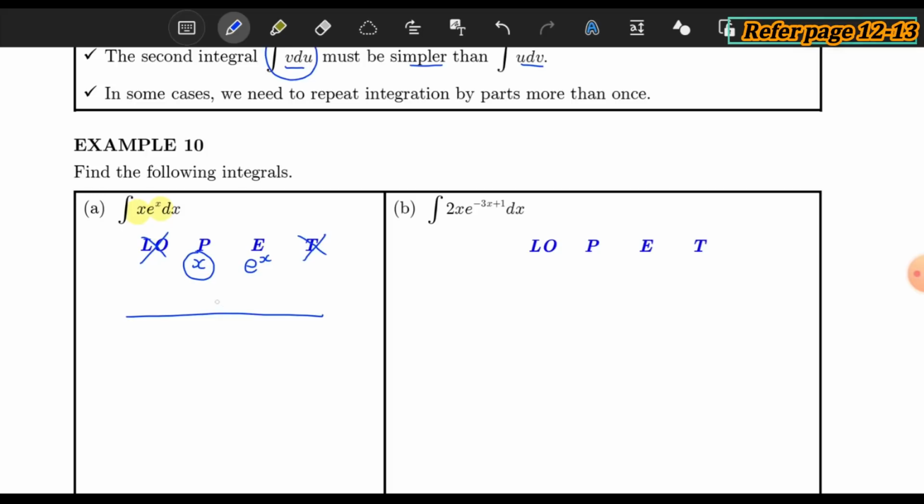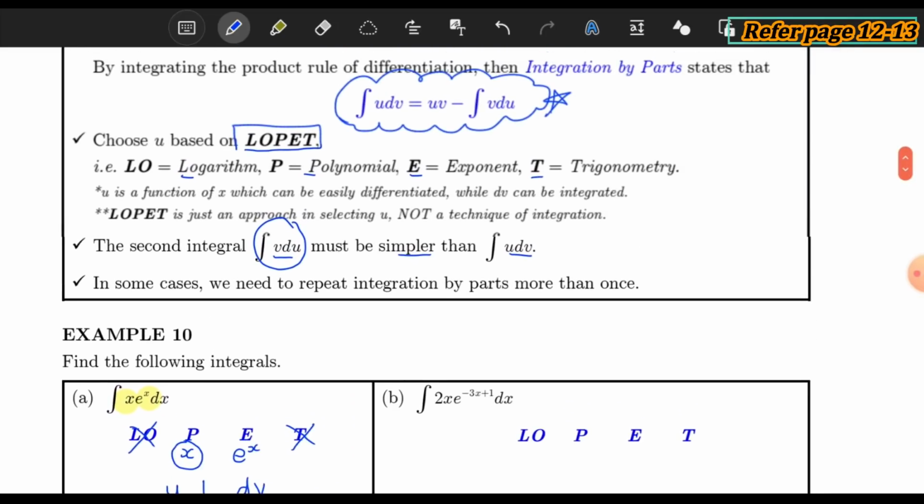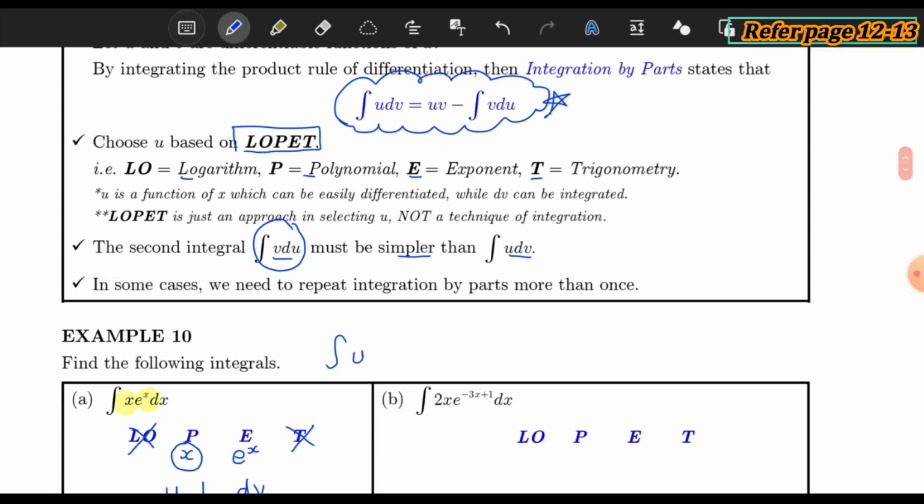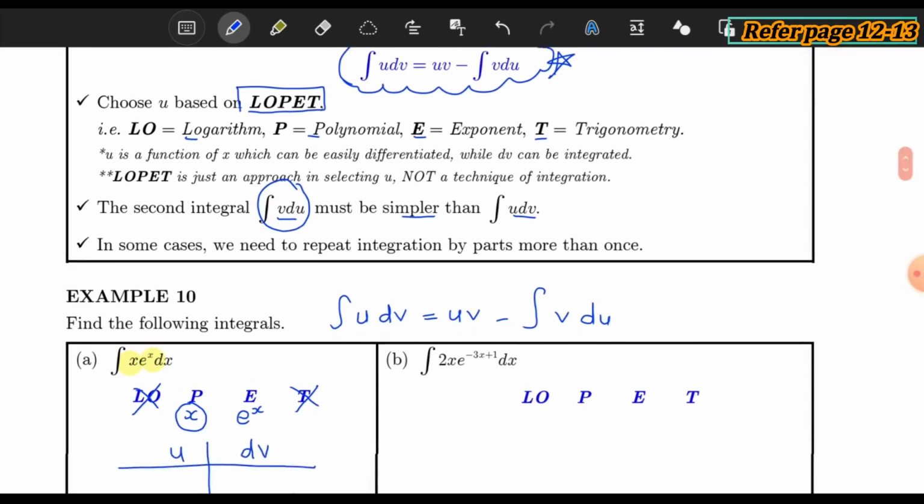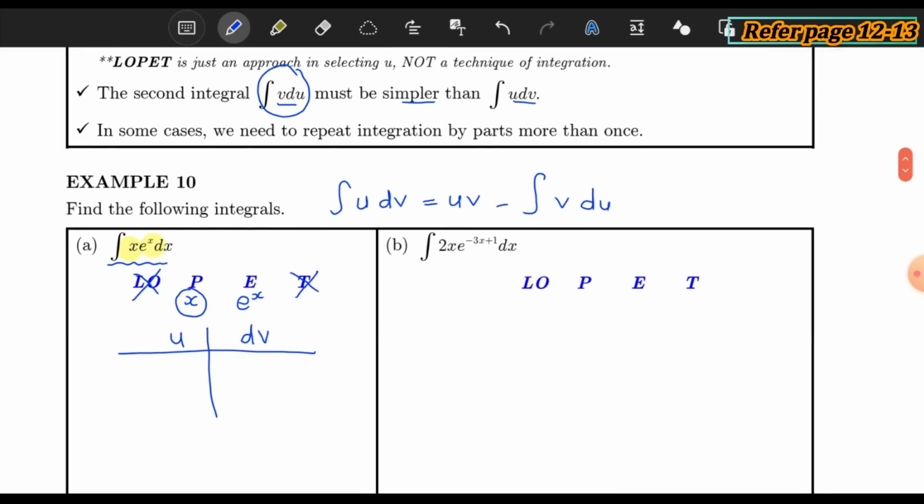So we divide into two parts. We have u and another one is dv. Back to the formula, we have integrate u dv equals uv minus integrate v du. For the given integral here, one will be u and the rest will be your dv.